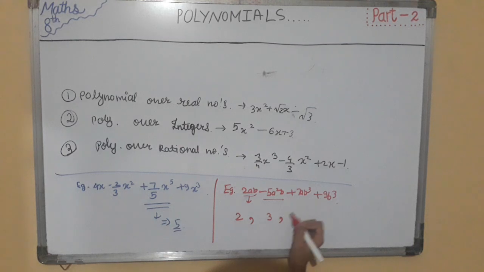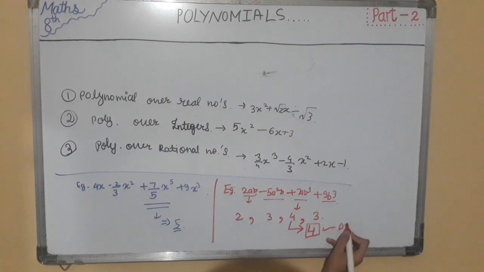This is the third term, and the sum is 4. This is the fourth term, only one variable is there and the power is 3. Here 4 is the greatest power, so 4 is the degree of the polynomial.